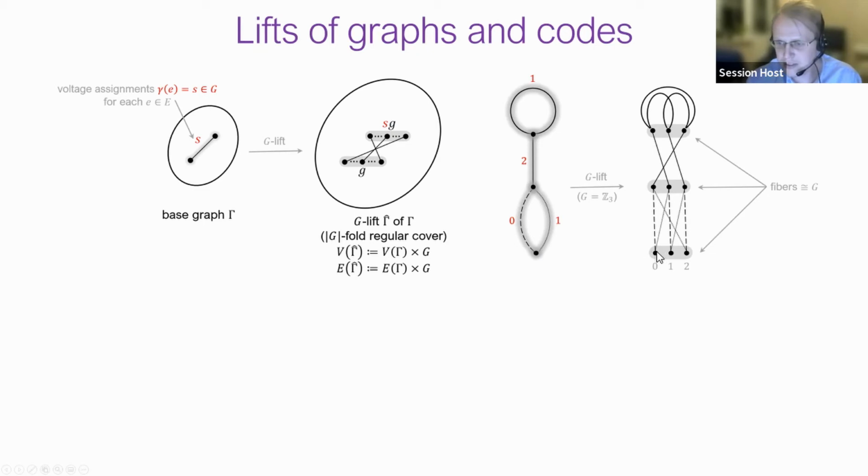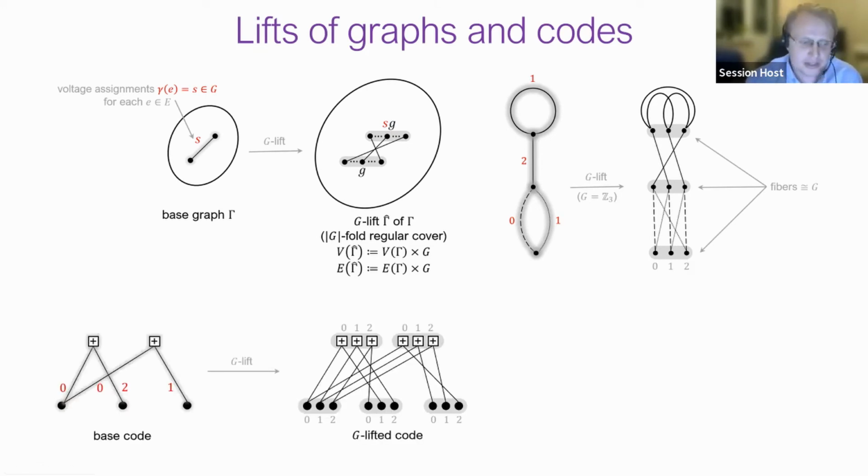It means that this zero variable is connected to 1, 1 is connected to 2, and 2 is connected to 0. Each group of bits that corresponds to 1 bit is called a fiber, and each fiber can be identified with a group.